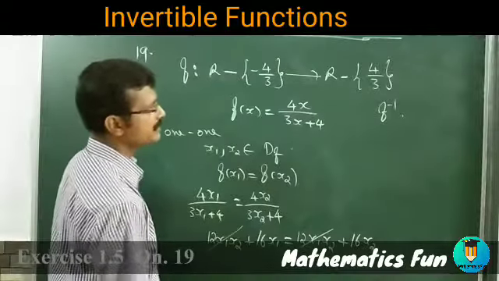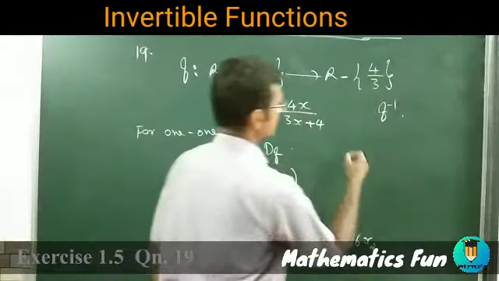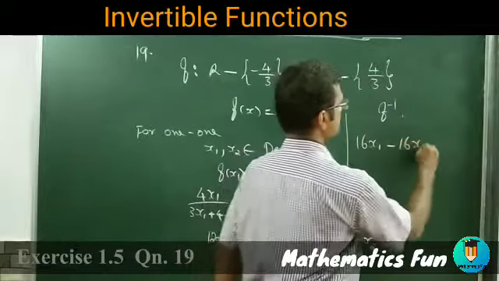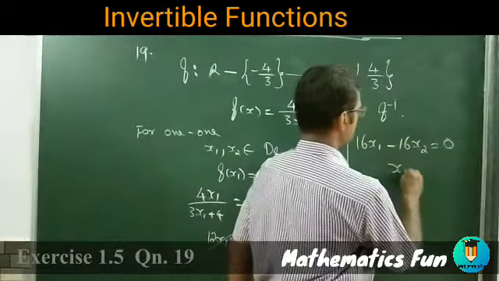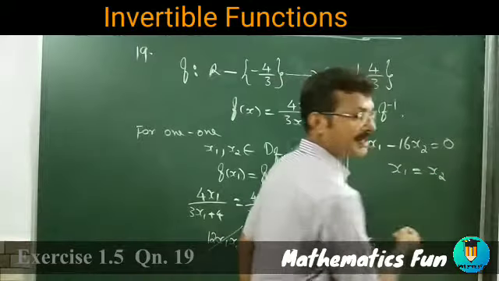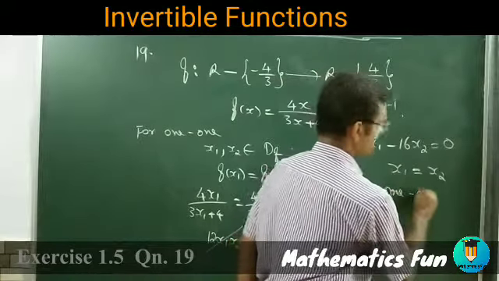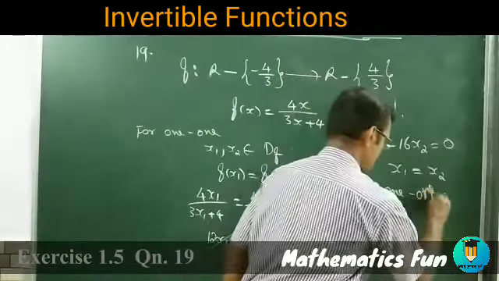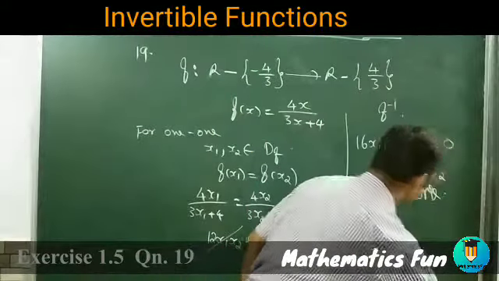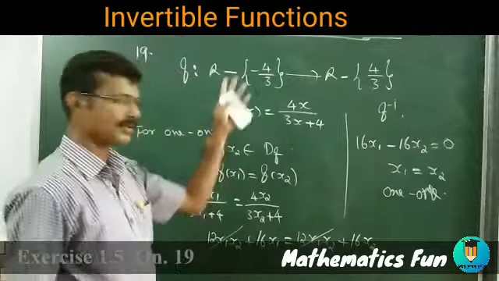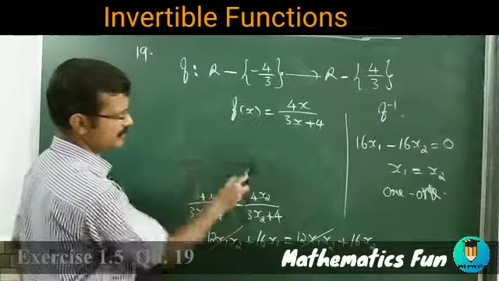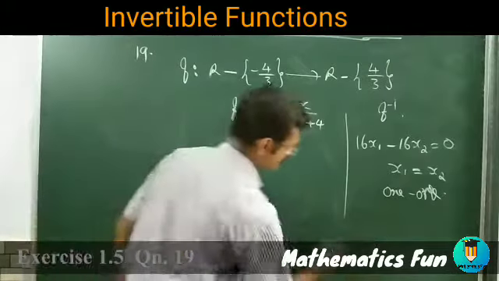If I group these two parts, that is 16x1 minus 16x2 is equal to 0, or we can say x1 is equal to x2, so the function is one-one. This is all normal simplification you came across in the previous exercise. So the one-one part is over.